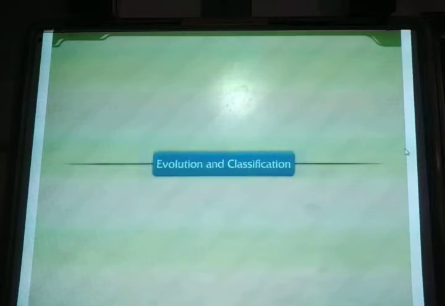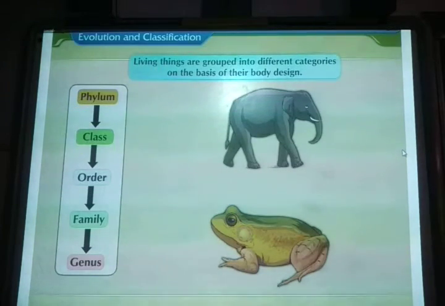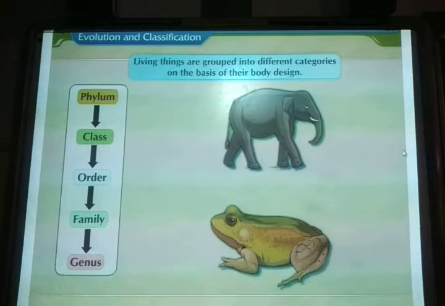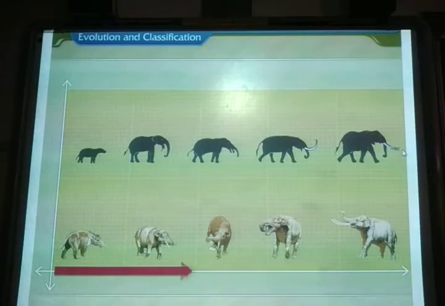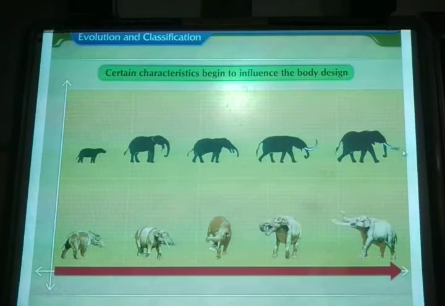Evolution and classification. All living things are grouped into different categories on the basis of their body design. As time passes, certain characteristics begin to influence the body design.